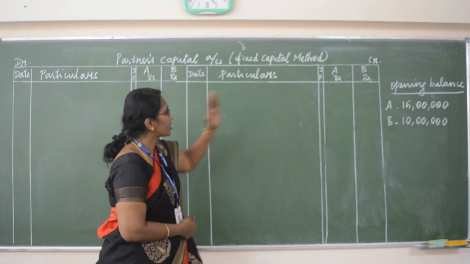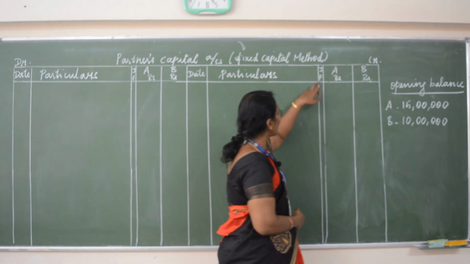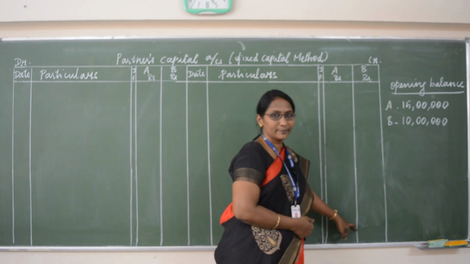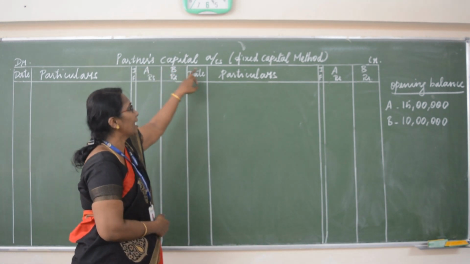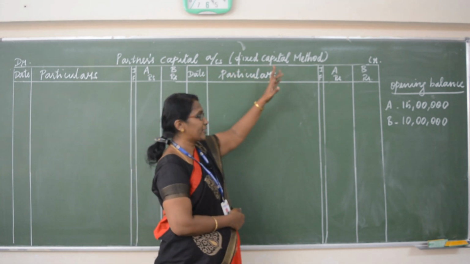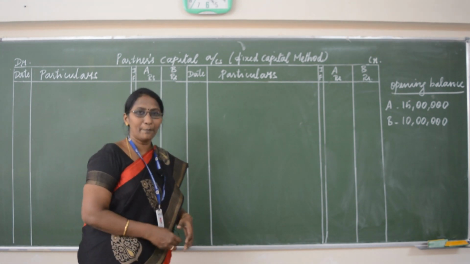Now credit starts from here: date, particulars, journal folio for partner A and for partner B. What is the heading? Partners' capital account. Which method are we going to do? Fixed capital method. So now we shall start with the opening balance.